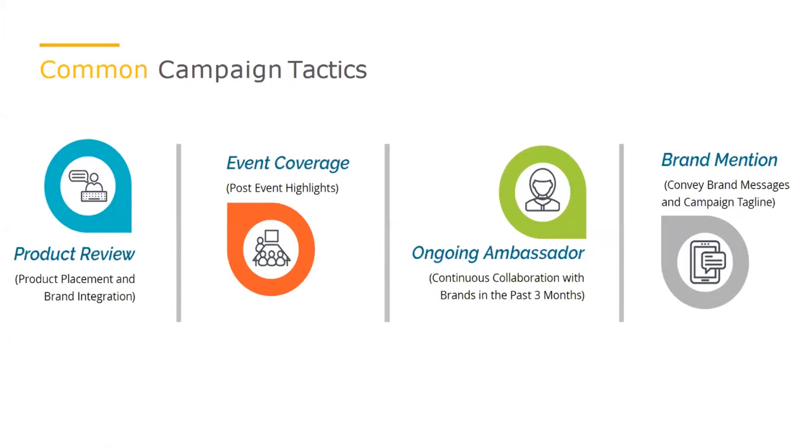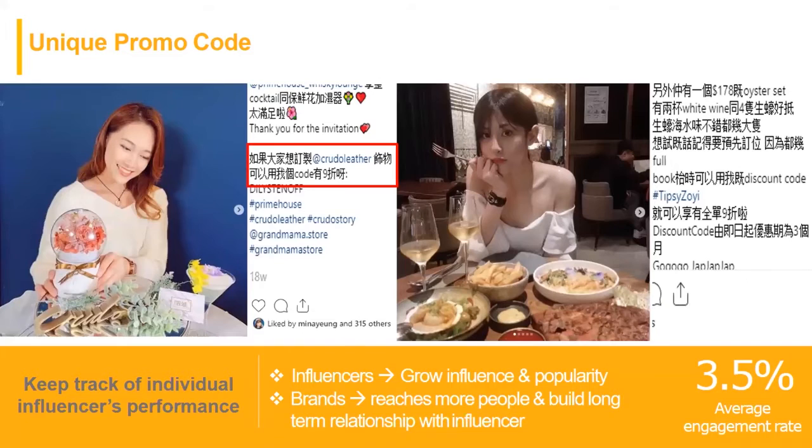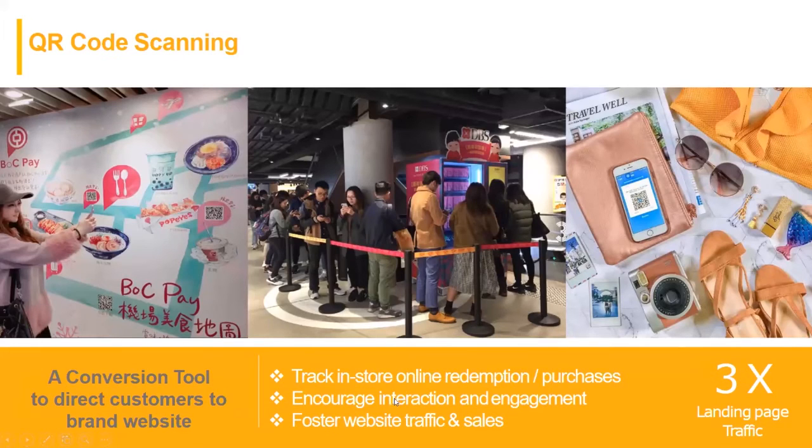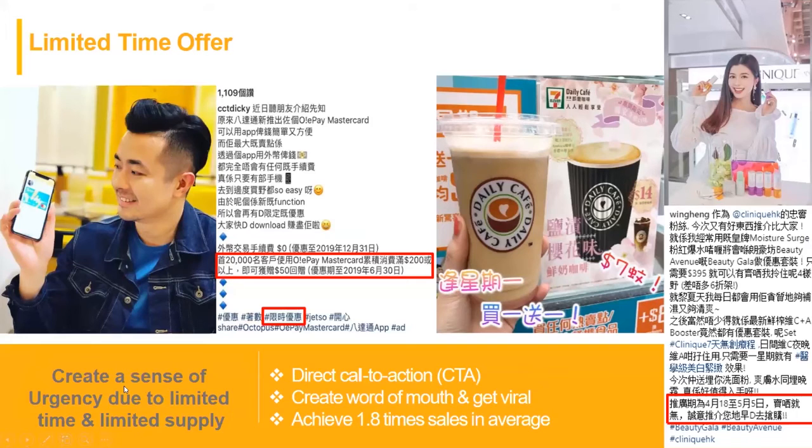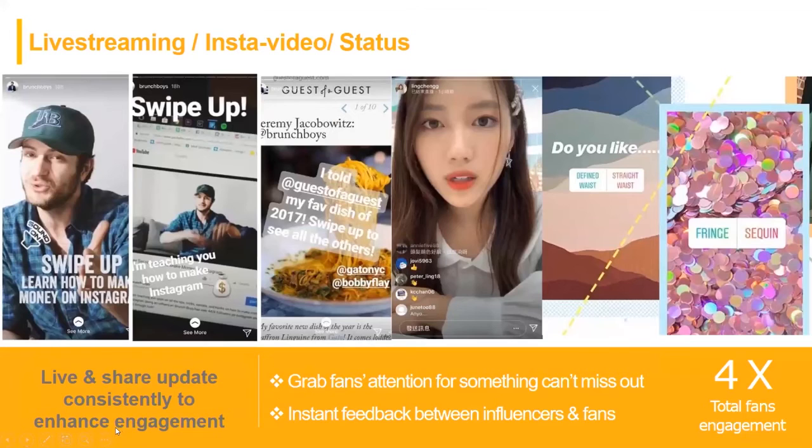Did your influencer mention your name, your brand name, your message, and share positive opinions on the web and in posts on social media? For example, like this, you can see how many shares update consistently to enhance the engagement, to attract the trend, the fans' attention, for something they cannot miss out. The instant feedback between the influencer and friends.